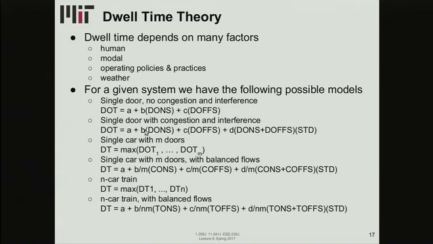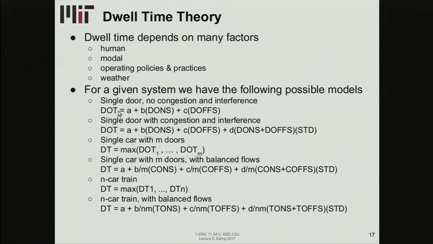So, here is a list of models of dwell times for trains. If we look at a single door situation, so people have to board and alight from the same door, and there's no congestion of passengers, then this is the simplest model one could have.